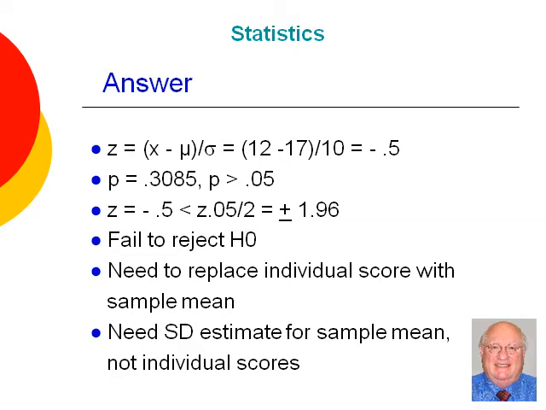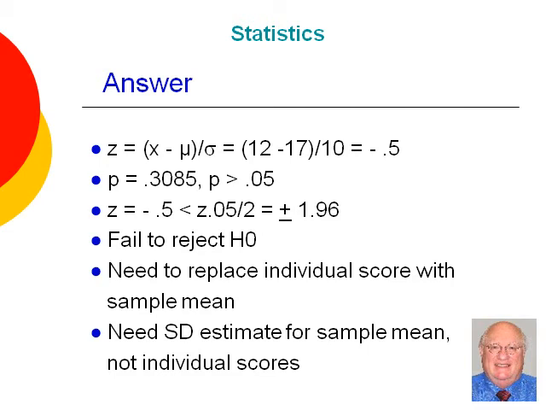We would subtract 17 from 12 and divide by 10, which would lead to an answer of negative 0.5. From the z-table, we would learn that the area under the normal curve that falls below a z equal to negative 0.5 is 0.3085.